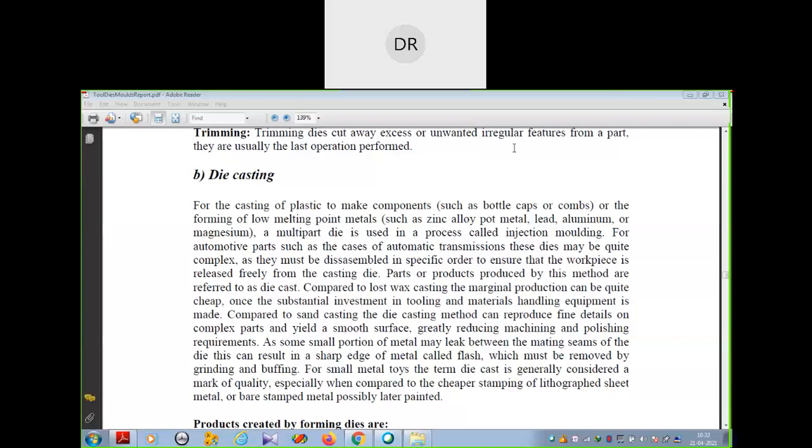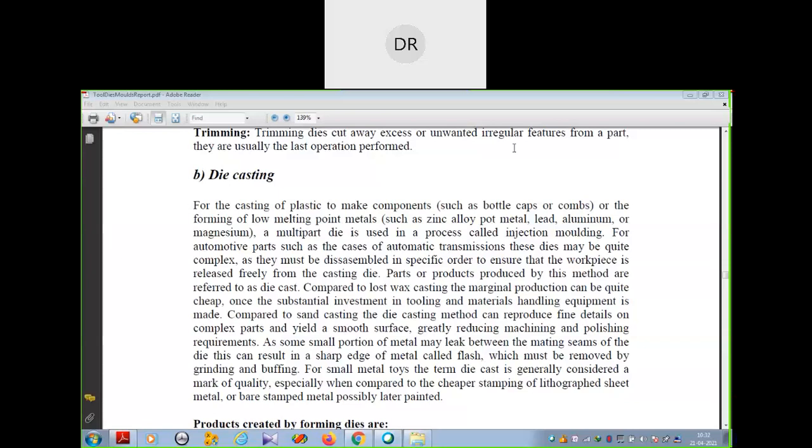If you have to make a plastic component, like bottle caps or combs, or when you have to form some low melting point metals like zinc alloy, pot metal, lead, aluminum, or magnesium, in these cases we can go for a multiple part die.